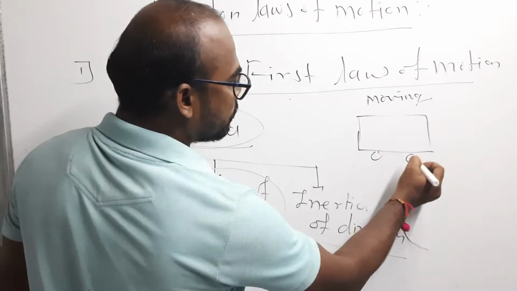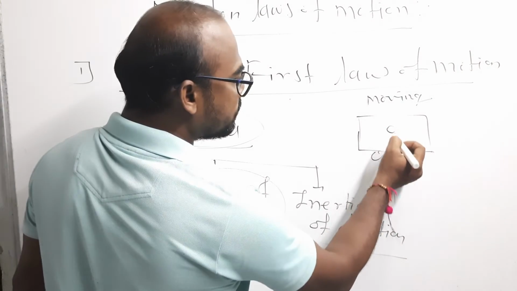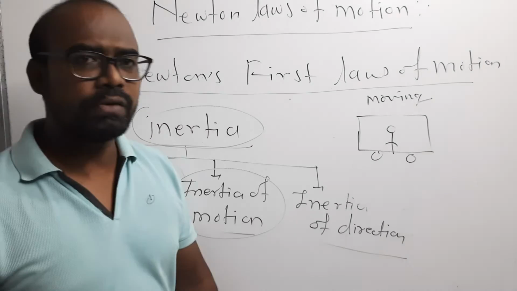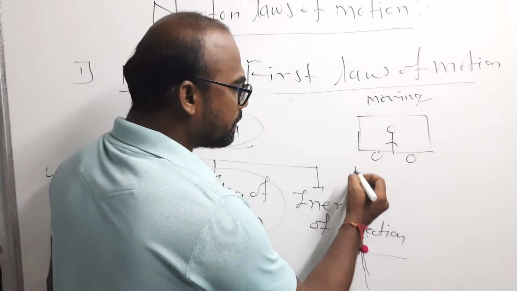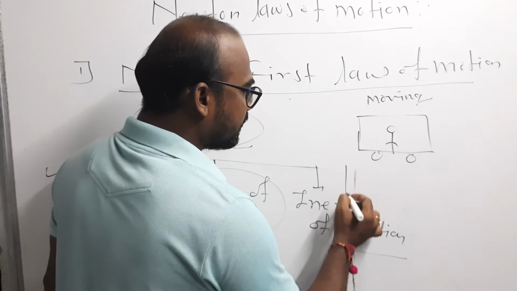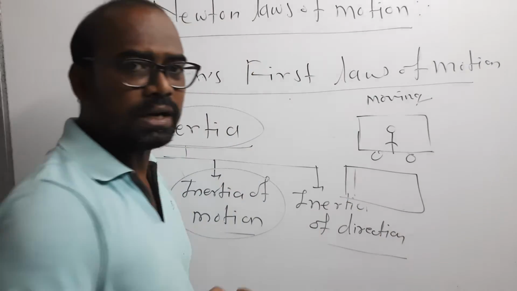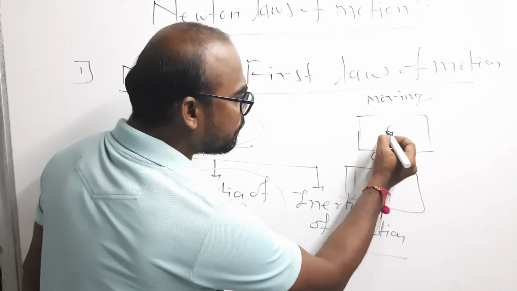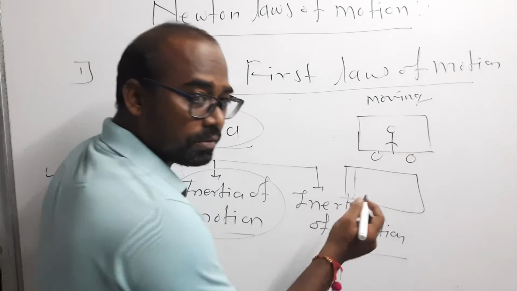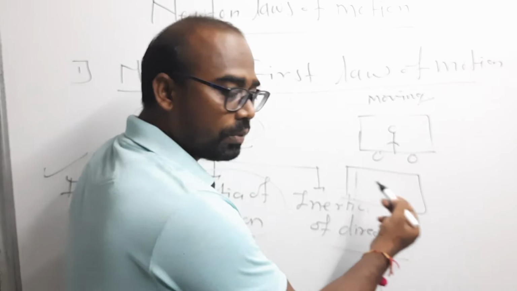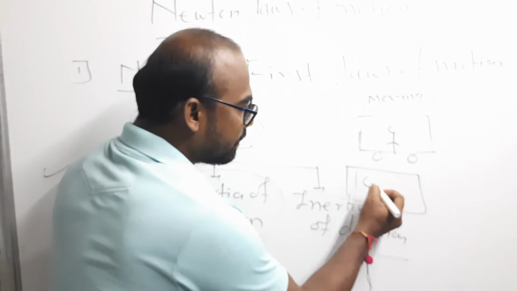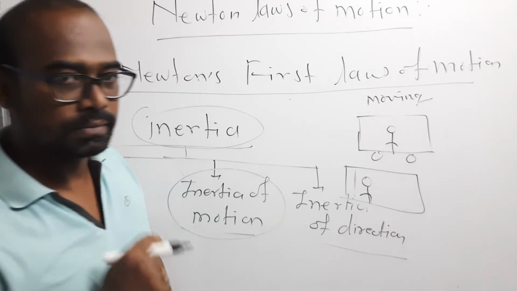Right? What will happen if a bus is moving and a person is standing inside the bus? Suppose the bus suddenly comes to rest. What will happen? That person will move in the forward direction or backward direction? Yes, he will move in the forward direction.